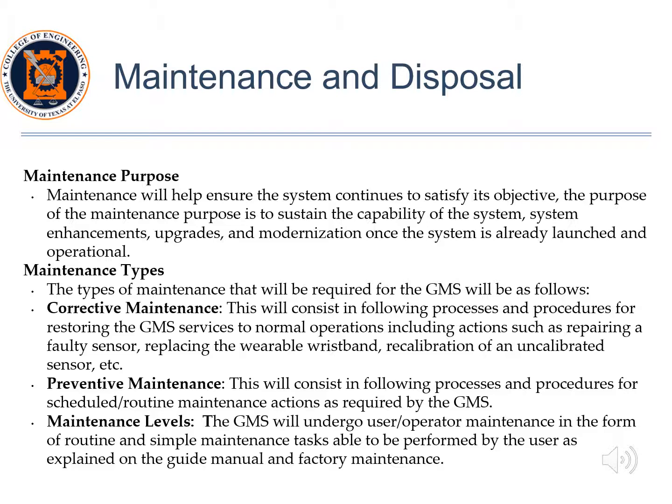This will consist of the following processes and procedures for scheduled routine maintenance actions as required by the GMS. Maintenance levels. The GMS will undergo user operator maintenance in the form of routine and simple maintenance tasks able to be performed by the user as explained in the guide manual, and factory maintenance.